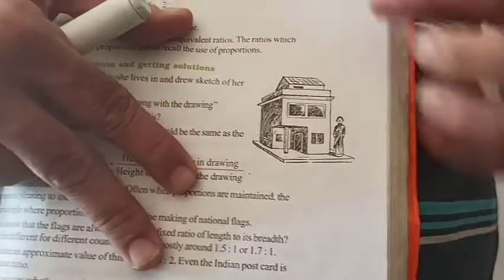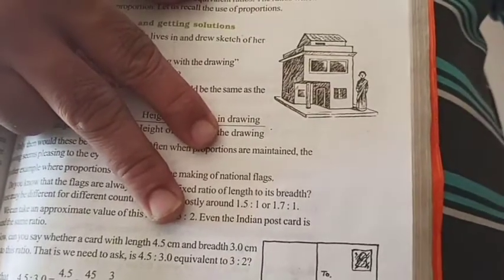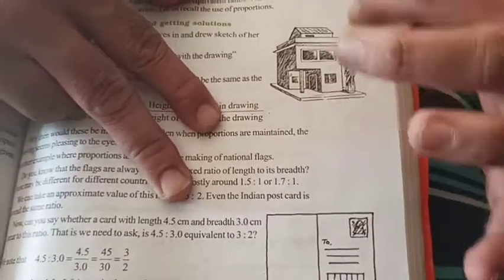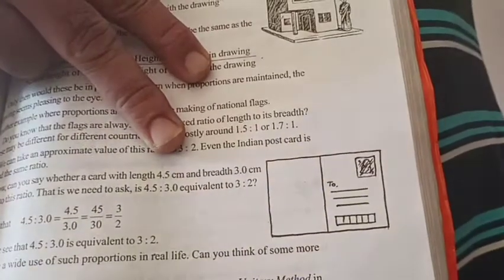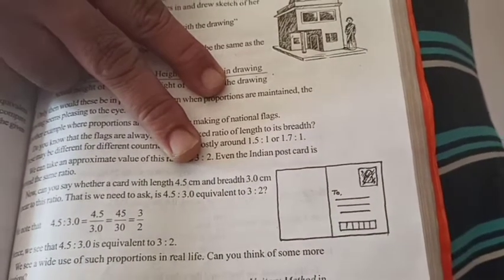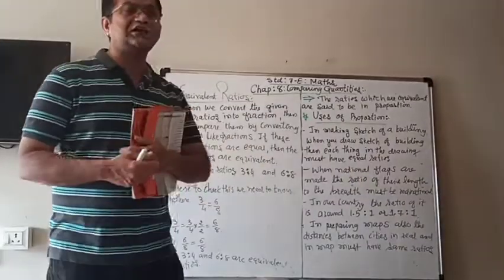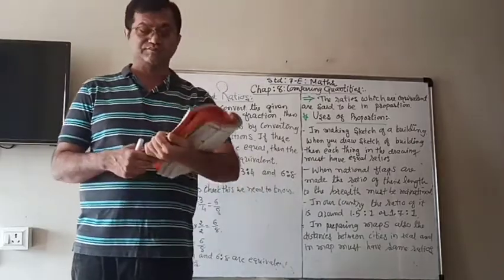Can you see that the woman is standing near that building? Can the woman be so tall that she is nearly at the height of the top windows? So here you can see that the drawing is not made properly.